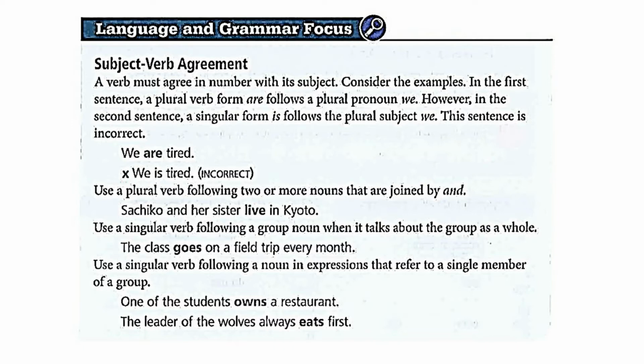Here, the main noun of this subject is one. So the verb is owns with S. Then the last sentence of this slide, the leader of the wolves always eats first. The leader is one. So you see that the noun before the preposition of is the main noun of this subject.